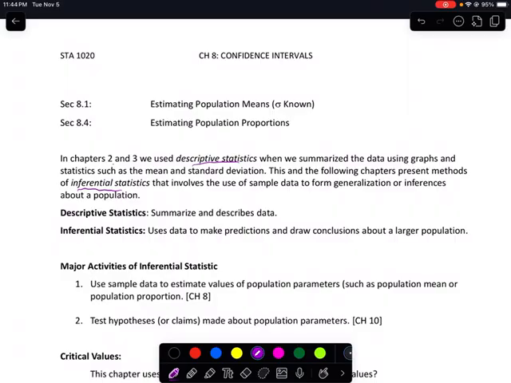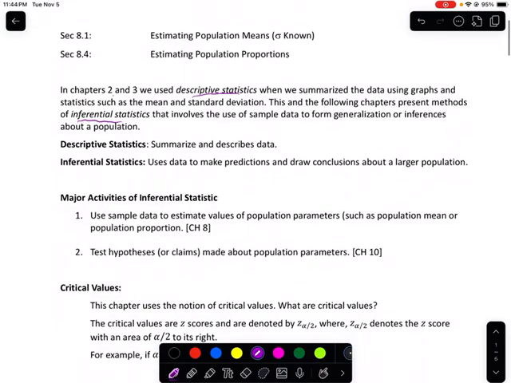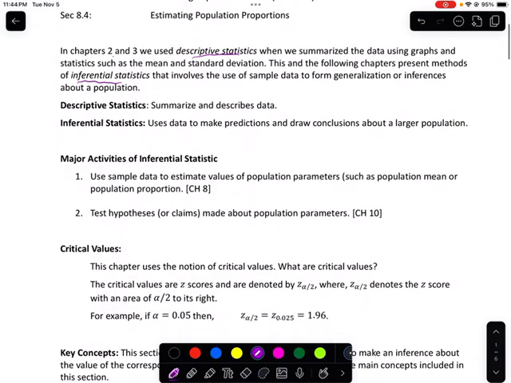So what are the major activities of inferential statistics which we will see? Number 1, use sample data to estimate the values of population parameters. So what are the parameters? Remember, they could be anything, but the ones that we are going to do are population mean and population proportion.